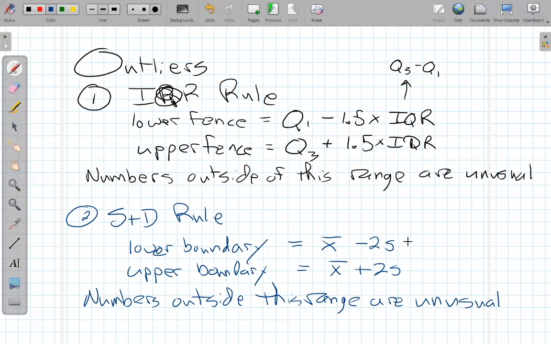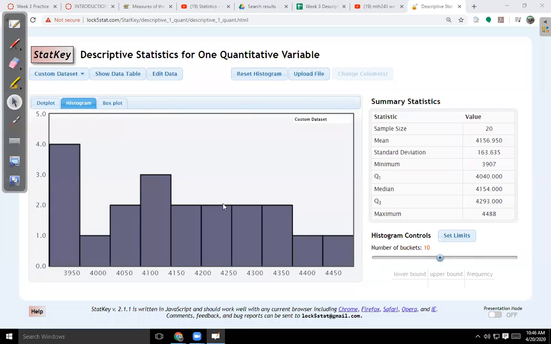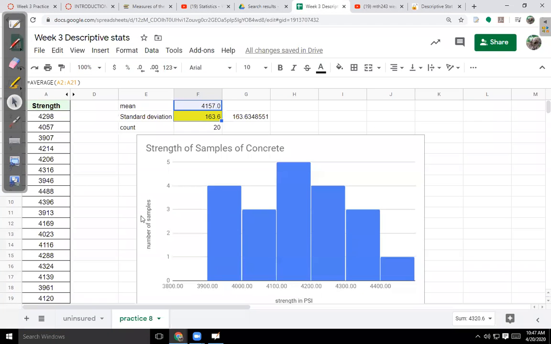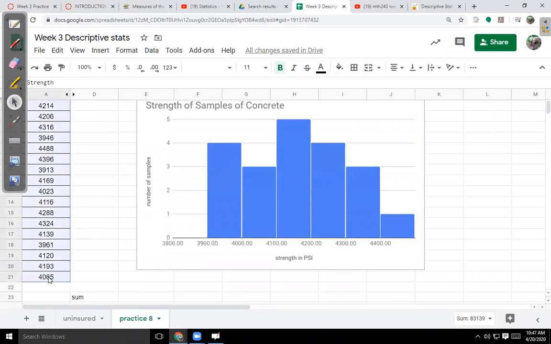So we can take a look at that with another data set. I'm pretty sure this data set that I started with from question number 8 had no outliers, which is good for concrete samples. Although too hard is not a problem, sometimes not hard enough can be a problem. Where's my spreadsheet? There. So let's sort these strengths just to double check.